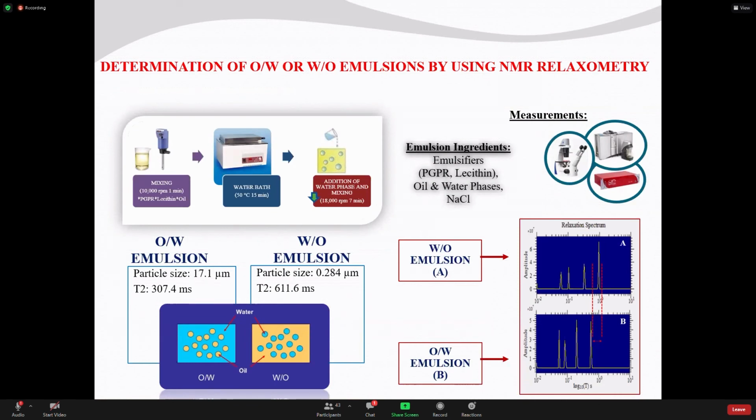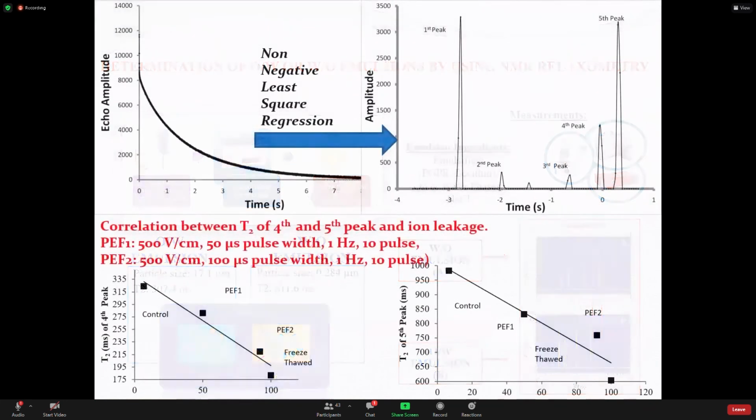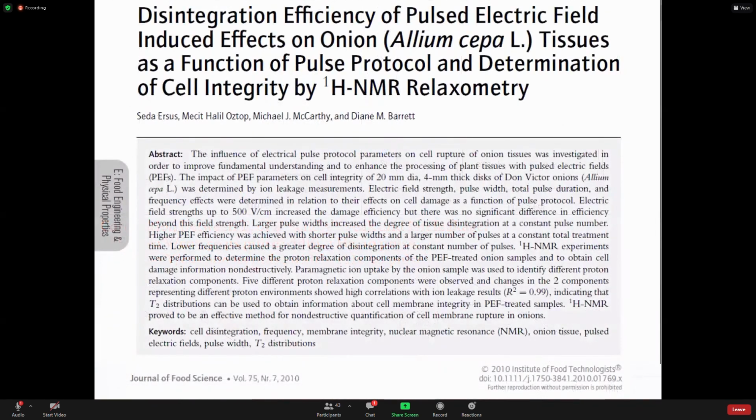by NMR relaxometry. This is a study that we performed on plant cells. For instance, onion was exposed to pulsed electric fields to increase the efficiency in the extraction of the bioactives from onion.